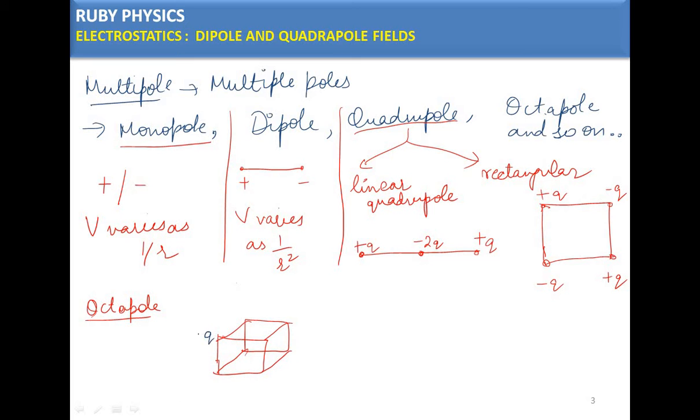It has charges plus q, minus q, plus q, minus q, then minus q, plus q, minus q, and plus q. I will talk in detail about the monopole, dipole and quadrupole only, and we are not going to talk about the octopole, because it becomes very complex.